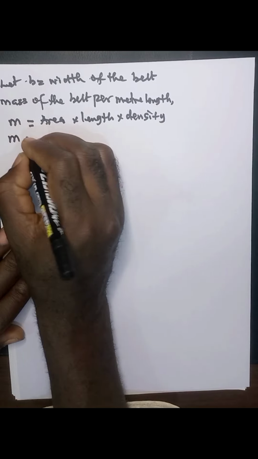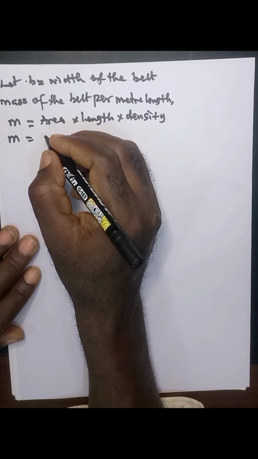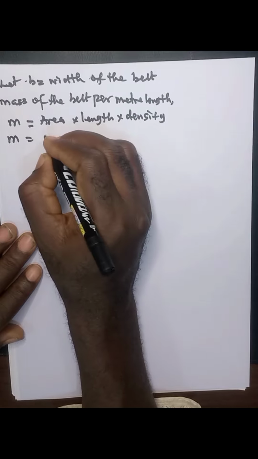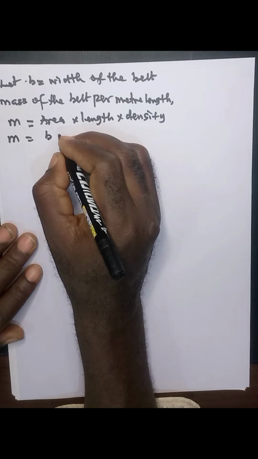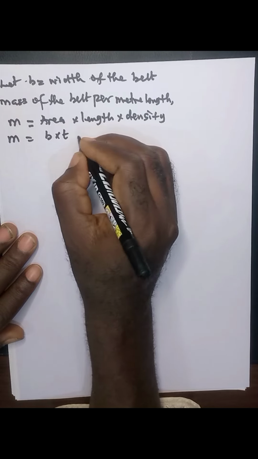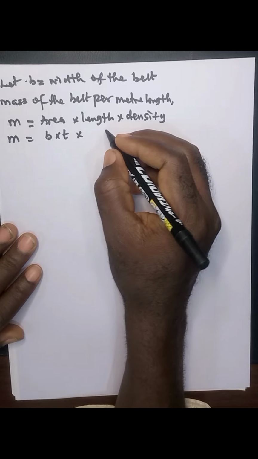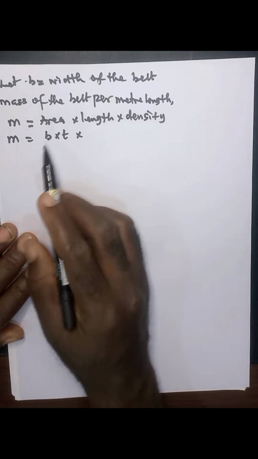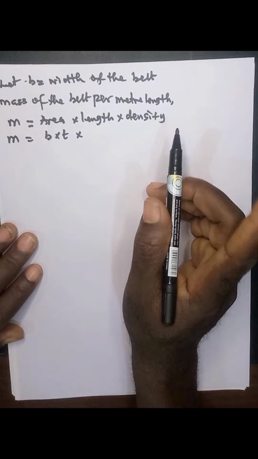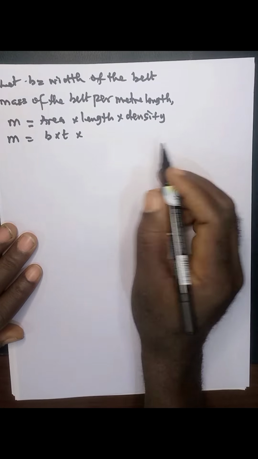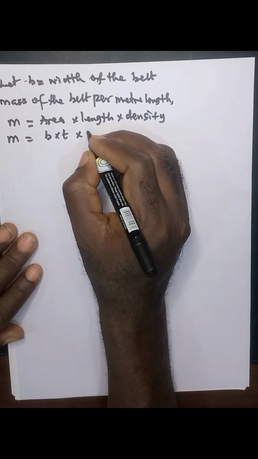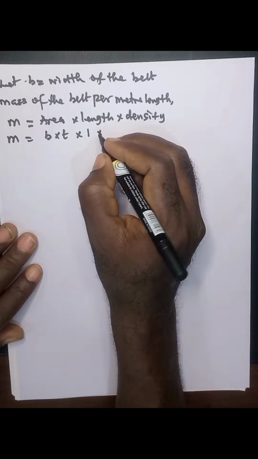That is, mass is equal to area of the belt, which is the width of the belt multiplied by the thickness of the belt, multiplied by the length, which is going to be 1 meter because we are calculating mass per unit meter length. So L is going to be 1, then multiplied by the density.